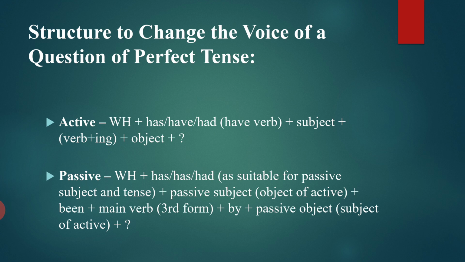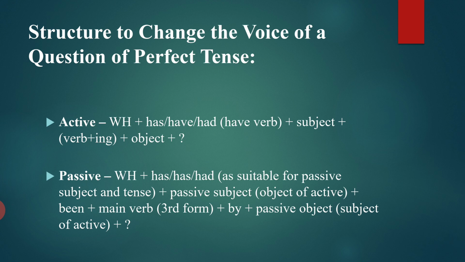For example, WH questions plus have, has, had, because we are dealing with the perfect tense, then subject, then verb plus ing and object. Here it is not verb plus ing, V3 is there. It's a typo, a mistake, because V3 should be there in your perfect tense. So V3, not verb plus ing.